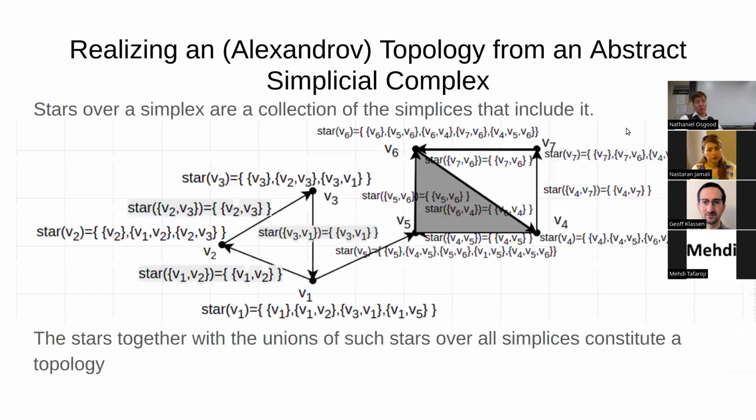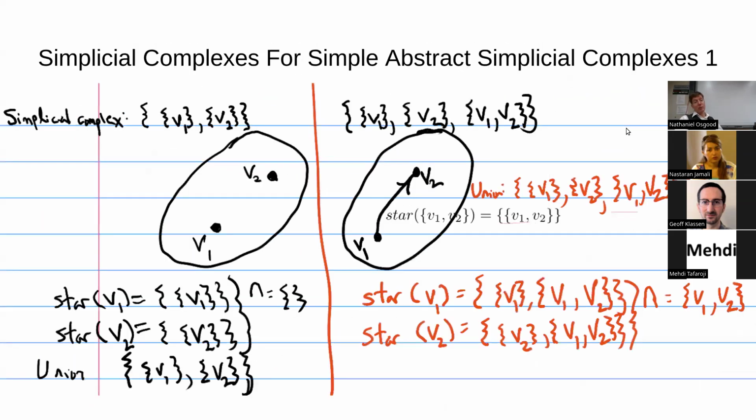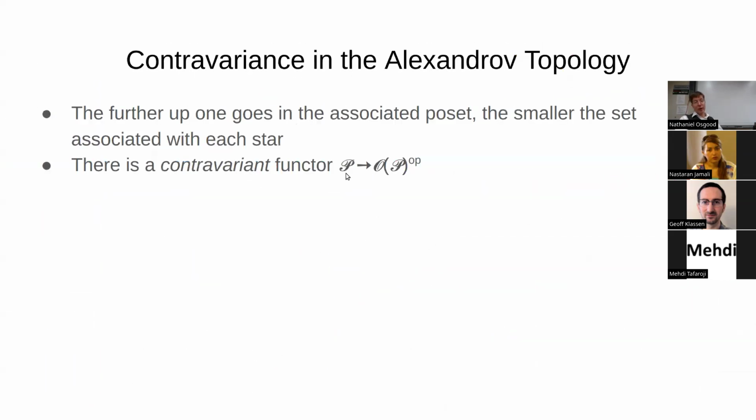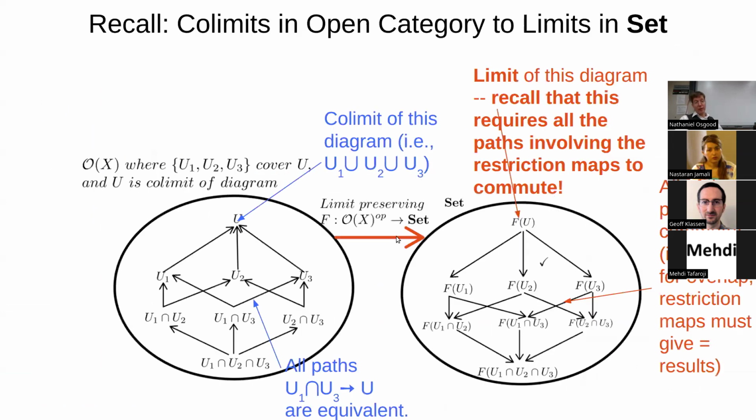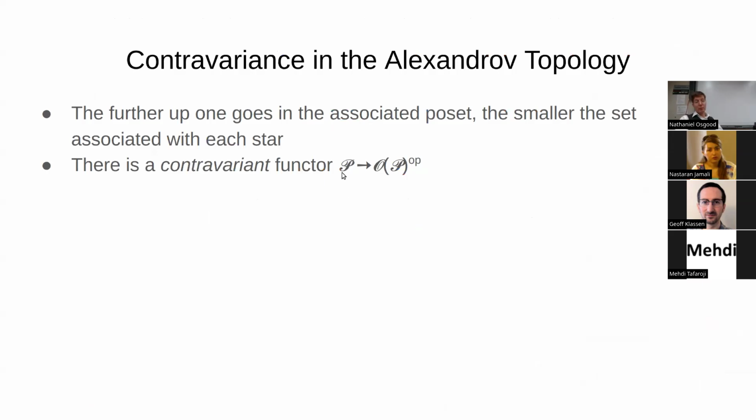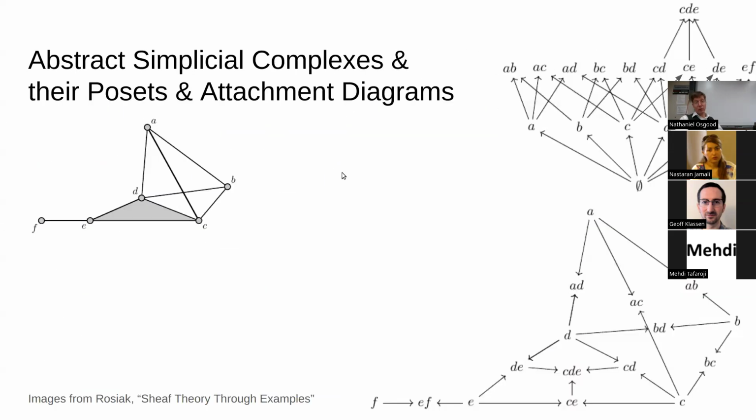And we're composing this one with this one, and we're getting a map from P, exactly what I'm talking about here, to set in the same direction. It's not contravariant. It's in the same direction. So we're going to have these maps from the vertex to the edge. You could think of it this way, from this vertex to the edge.